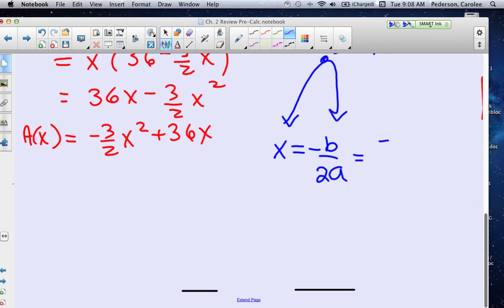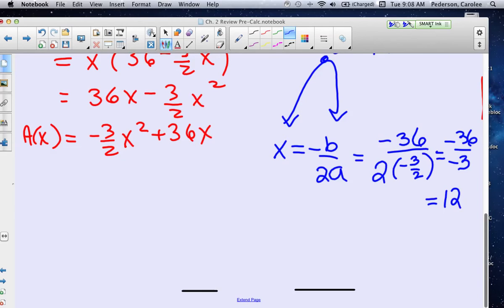So negative 36 over 2 times negative 3/2. The 2's will cancel out. So I have negative 36 over negative 3, and then I reduce that and I get 12. So the x value will be 12 feet.